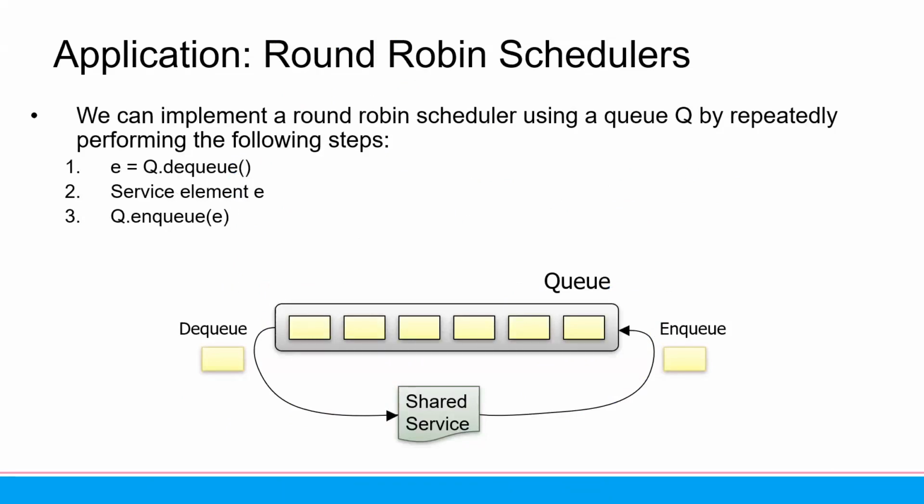We have the Round Robin Schedulers, so we can implement this queue. Whenever we dequeue, it will enter the share service, and after we finish the share service, we will enqueue and it will enter the queue again.